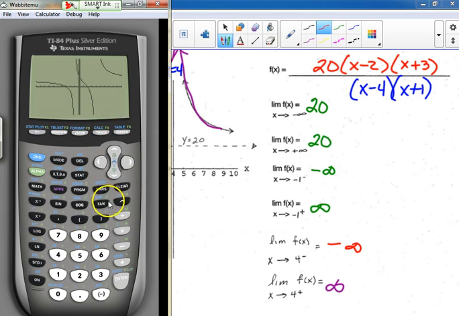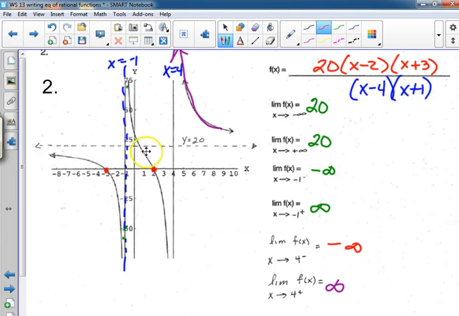If I do a trace 0, I get 30. Does it look like that could be where it's crossing here is 30? It's a little hard to tell, right? But here's 25 and it's crossing up here somewhere and this is 50. So could that be 30? Yeah, it seems okay to me.